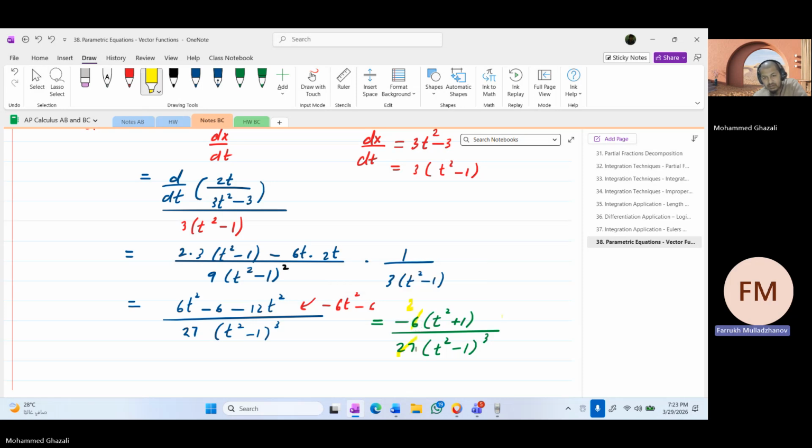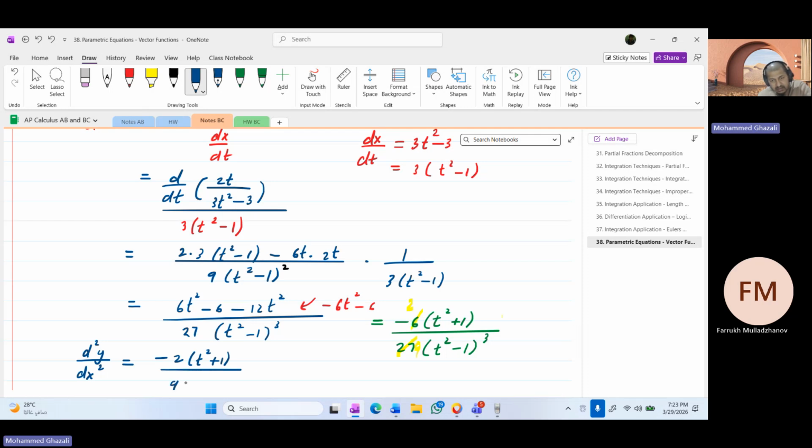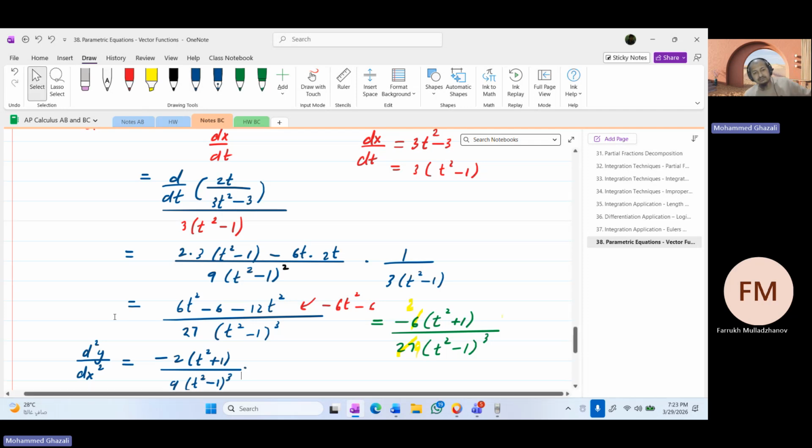Yeah, 2 and 9, yes, correct. So my final answer for d squared y over dx squared is minus 2 times t squared plus 1 over 9 into t squared minus 1 all cubed. All right, that's it.